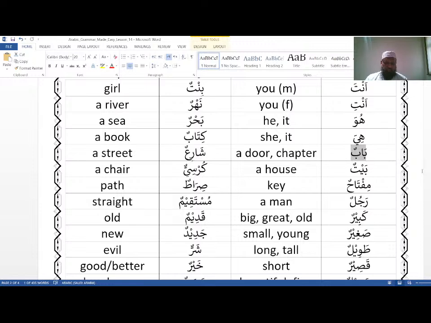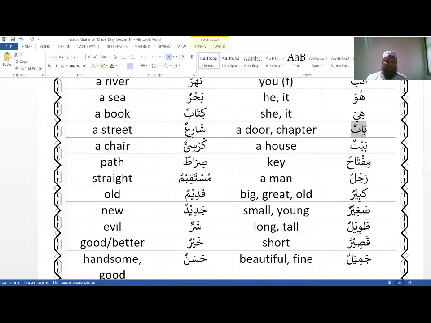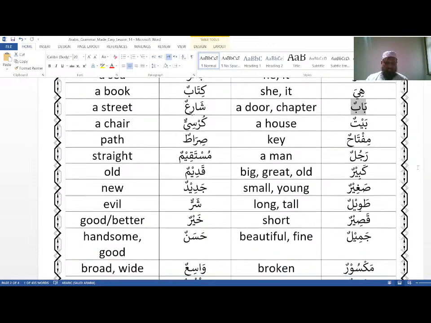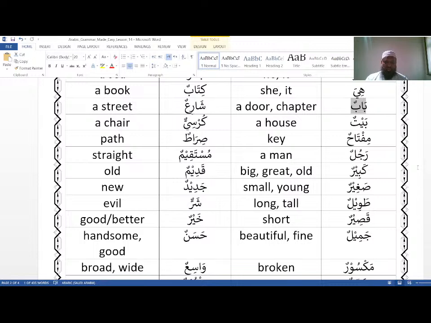Khayrun, good or better. Hasanun, handsome. Again, a description ism, or good. We can make it into muannas: hasanatun. Wasi'un, broad, wide.